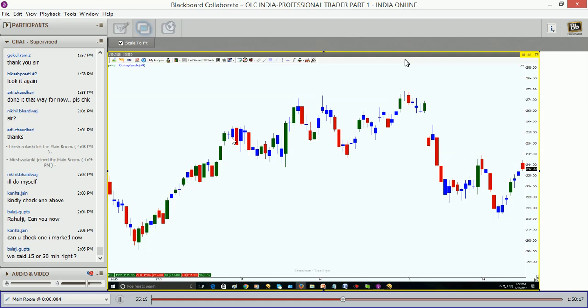No, Balaji, we are doing it on the 15-minute only if there is no good zone, but if you find a good zone on the 30, you can look at the 30. But 15 is your primary zoning time frame.